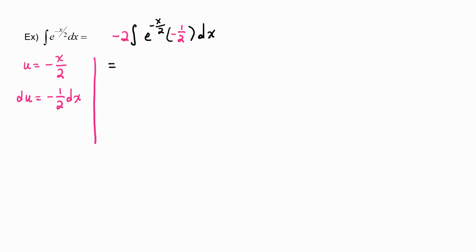Now we are ready to substitute to the u variable. Out front, we have that negative 2, and that will remain out there. Then we have the integral. We have e to the negative x over 2, which is going to be replaced with e to the u. And then this entire quantity here, negative 1/2 times dx, we see can be replaced with du.